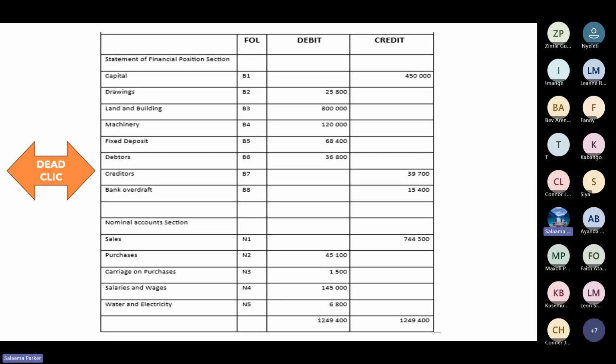And there is your answer now. Can you all see that? So I have my two sections, so I will get marks for that. I will get marks for putting the accounts in under the correct section, putting in my folios correctly, recording the correct balances.